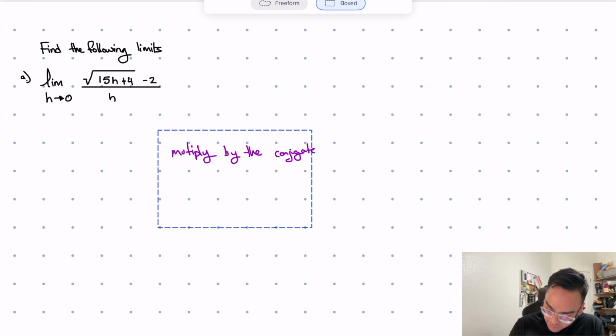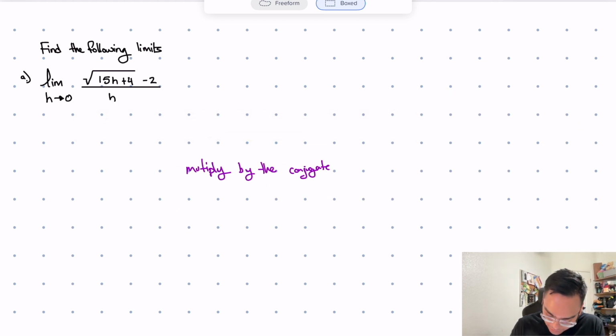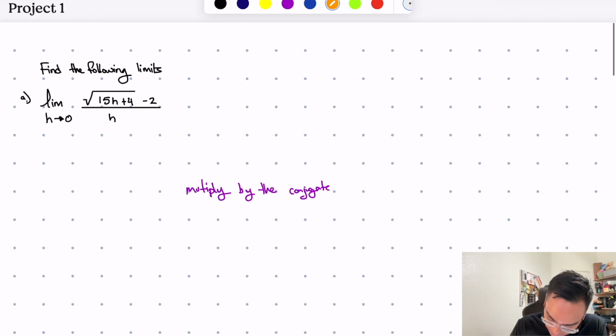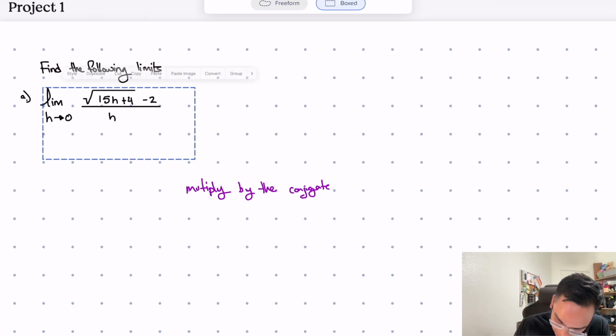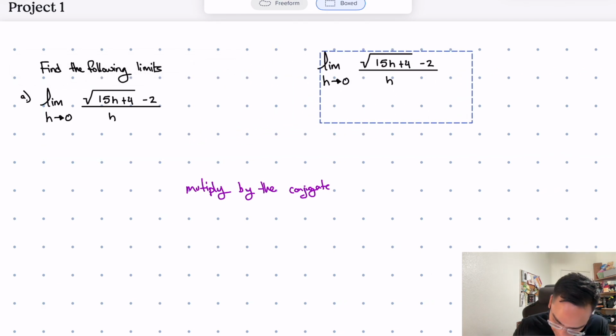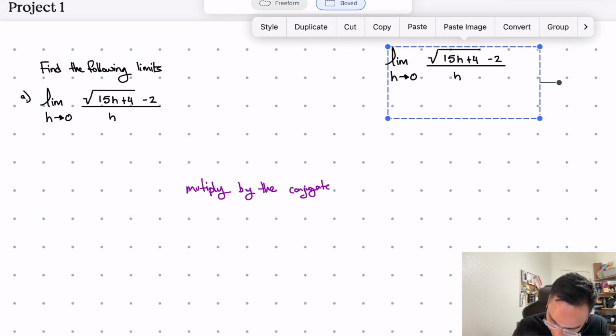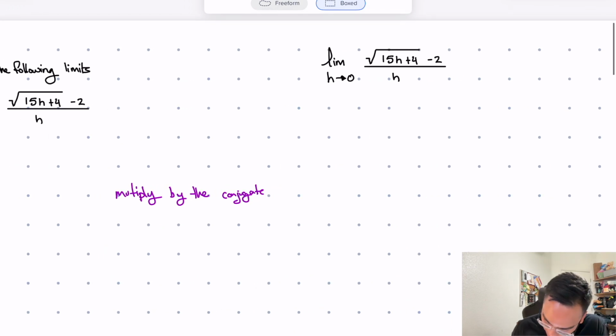Before we get into multiplying by the conjugate, what happens if we substitute 0 into this equation? Let's put it in orange, just so we can differentiate. Wherever there is an h, we substitute a 0.